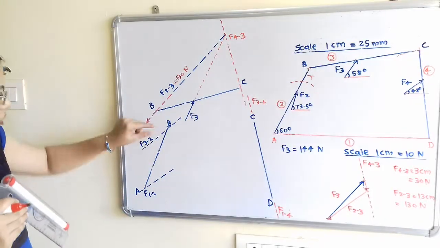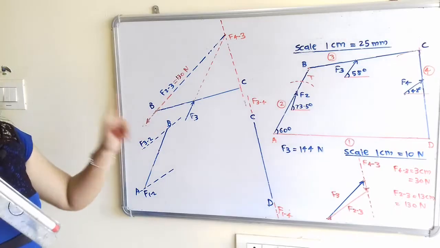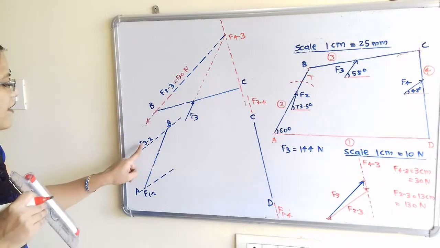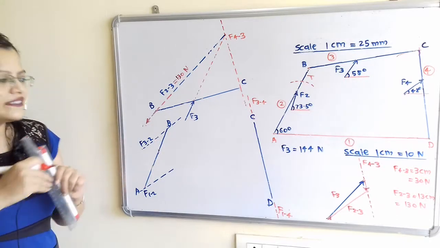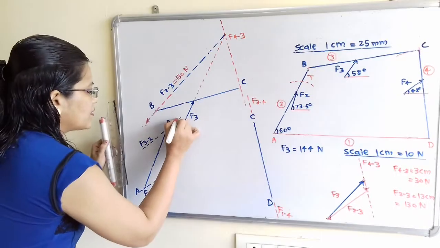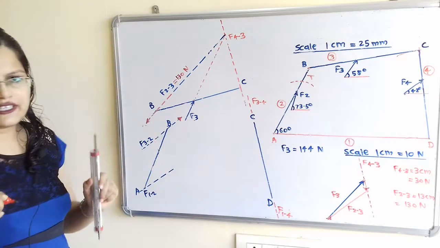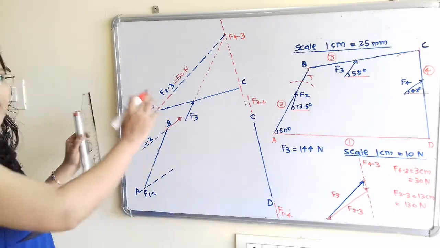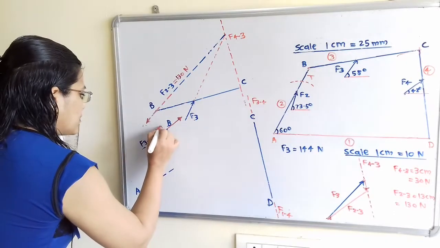Now for this link AB, the same force but in opposite direction we have to show, because F2 to 3 and F3 to 2 are opposite in direction and have the same magnitude. So I will show here the direction, that is in the upward direction. So this is the direction for the force F3 to 2, and the magnitude is the same, that is 130 Newton.